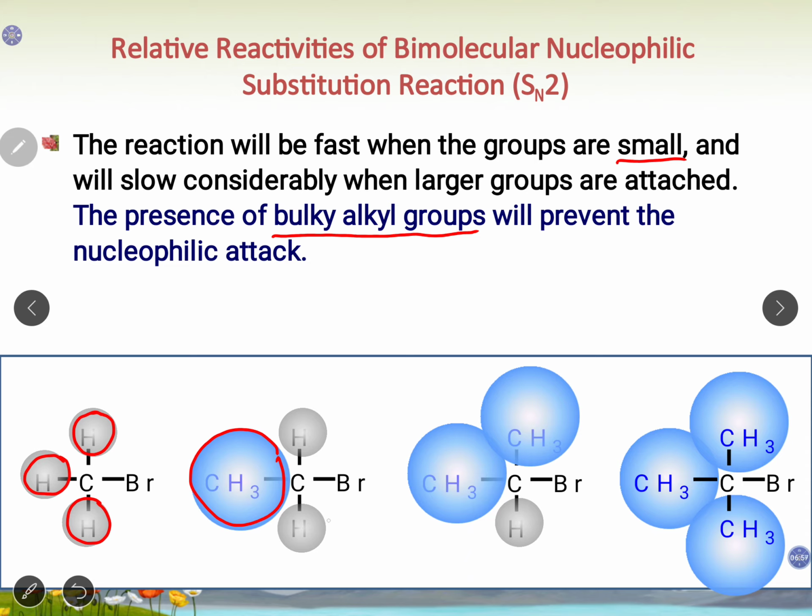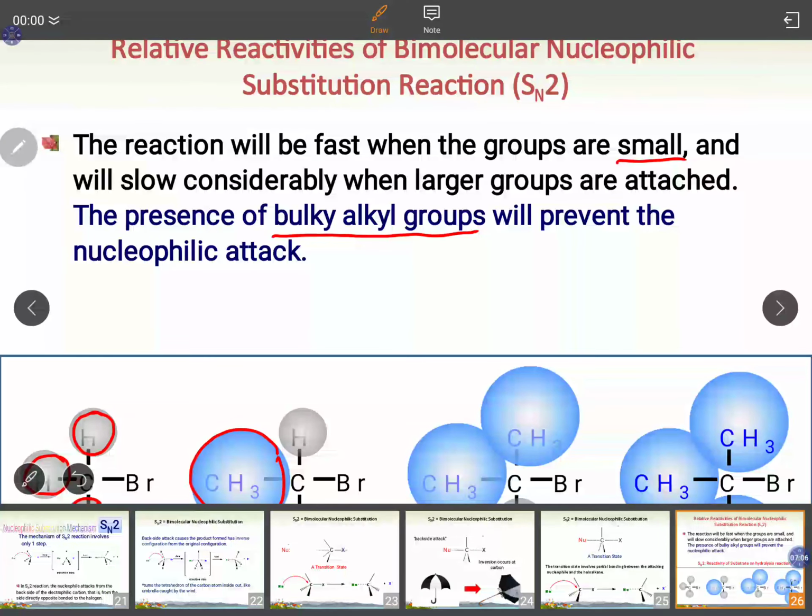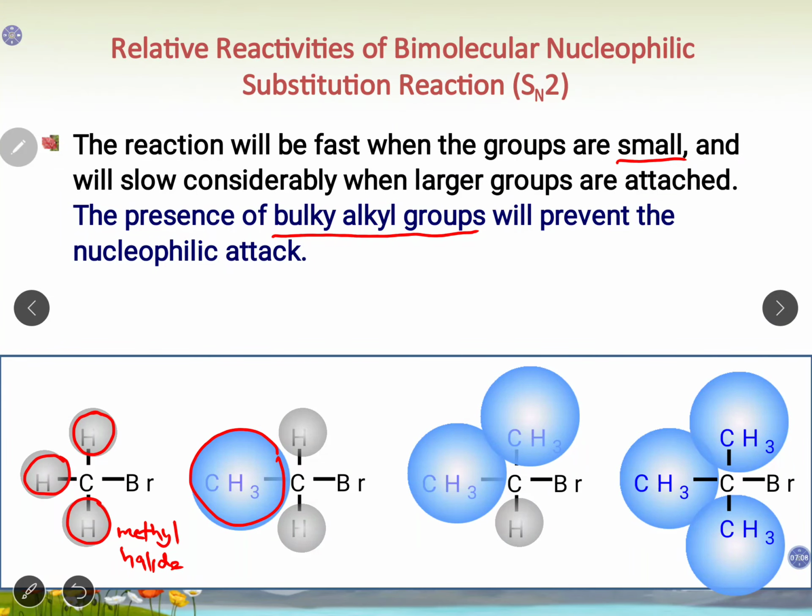So if we have a methyl halide, it is easier for SN2 to occur. But the reaction rate will decrease when we have a greater number of alkyl groups. What happened here?